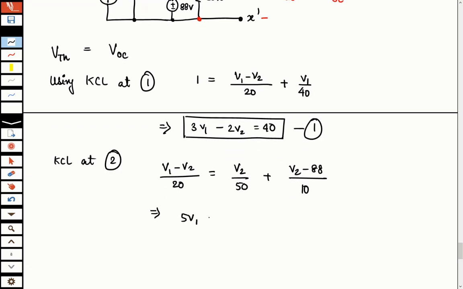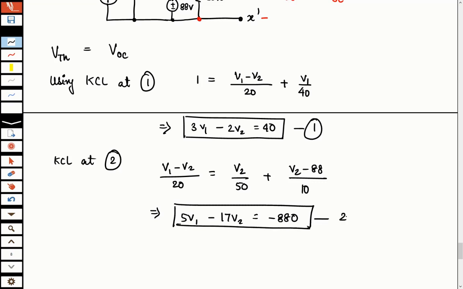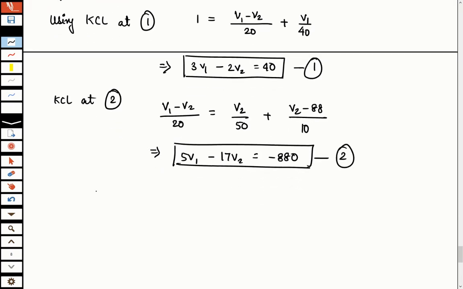You will reduce it into 5V1 minus 17V2 is equal to minus 880. This is equation number 2. Solve 1 and 2 should give you, note that I'm not interested in V1 at all, right? Just tell me what will be V2. You have calculator with you. You can even use an online equation solver, right?